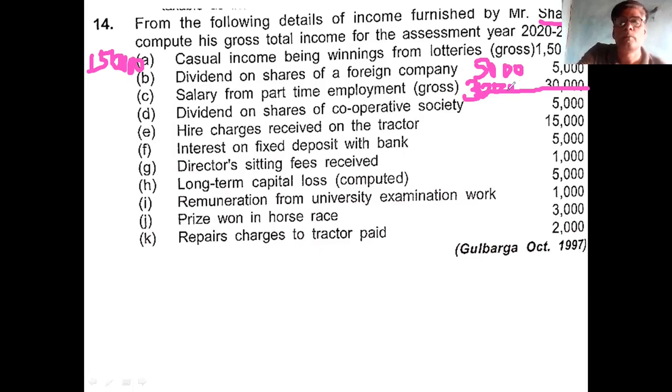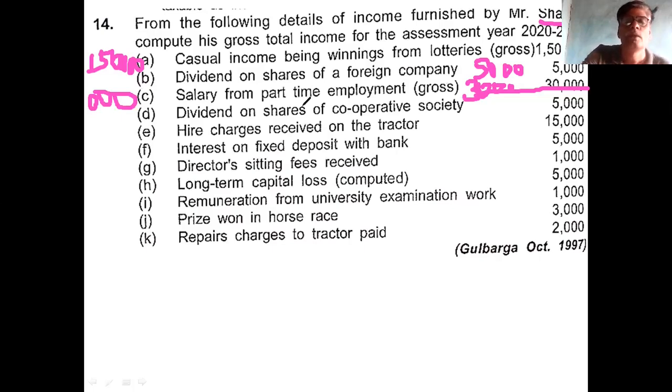Salary as a part-time employment, 30,000 you take in the middle column, then deduct 30,000. So income from salary is 0. Gross salary 30,000, less deduction under section 16 subsection 1A 30,000. Outer column value is 0.